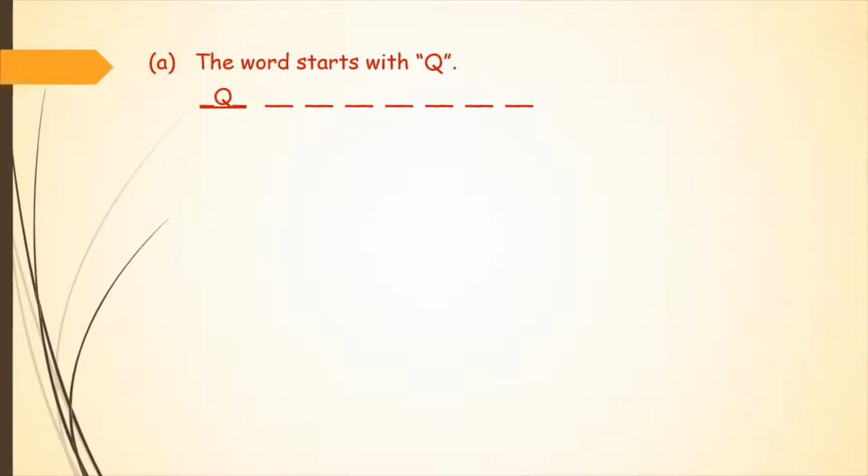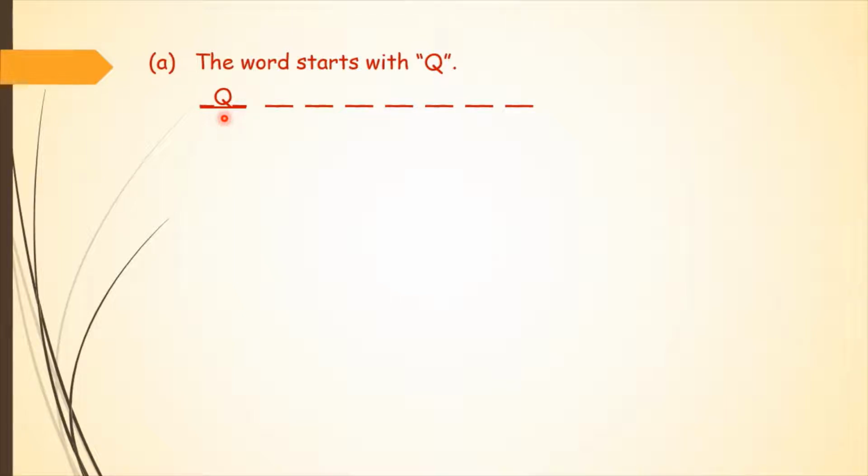You can observe here, we have marked places 1, 2, 3, 4, 5, 6, 7 and 8. From these 8 places, the first place is occupied by the letter Q. This letter we will remove from our list of letters in the word QUESTION.